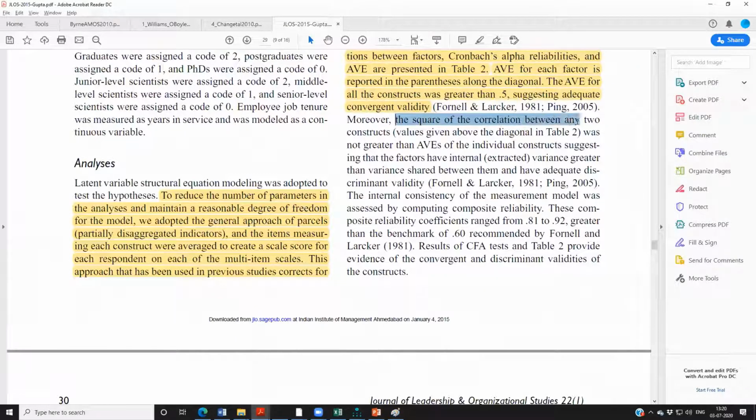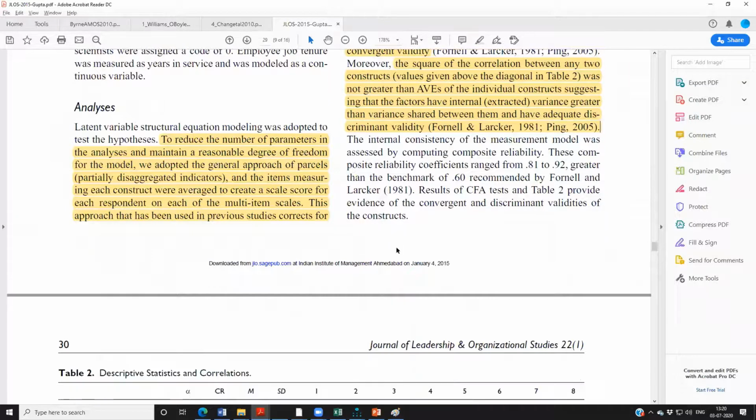Moreover, the square of the correlation between any two constructs, given above the diagonal, was not greater than the AVE of the individual constructs, suggesting that the factors have internal extracted variance greater than the variance shared between them and have adequate discriminant validity. And I cite this paper, Fornell and Larcker, that I have given you to read.